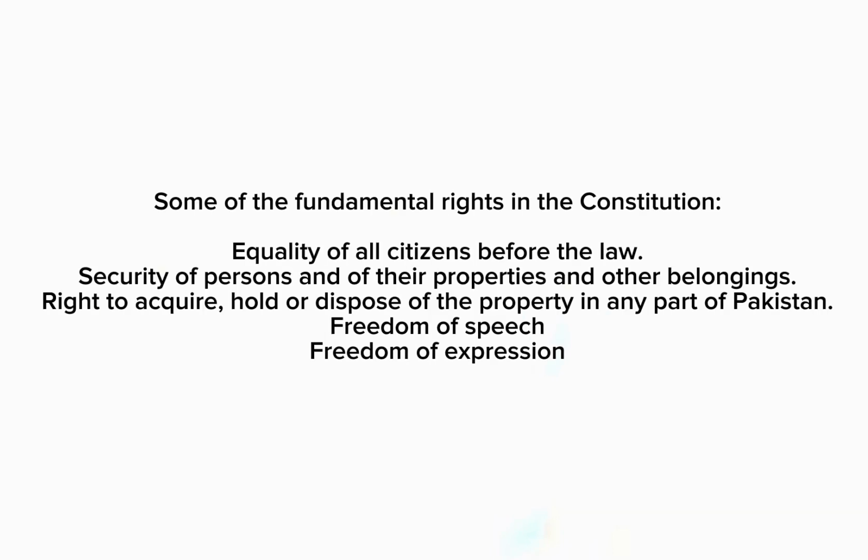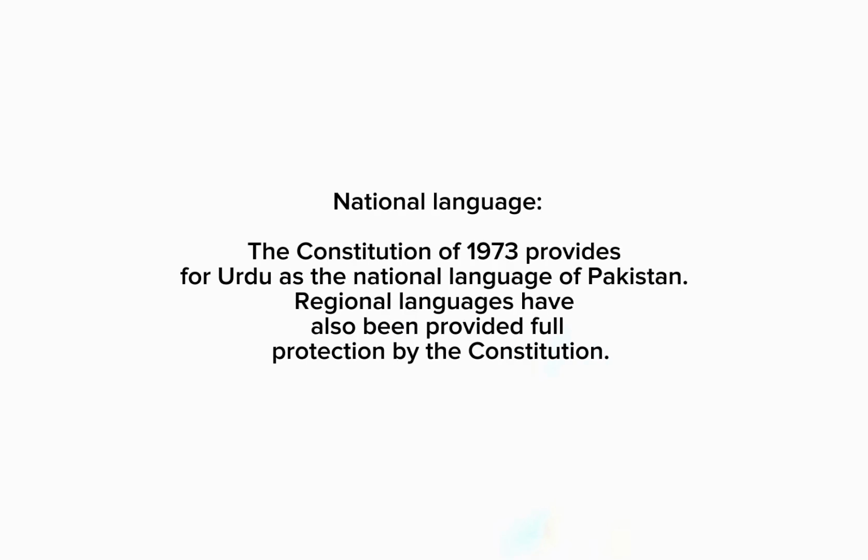Some of the fundamental rights in the Constitution: equality of all citizens before the law, security of persons and of their properties and other belongings, right to acquire, hold or dispose of property in any part of Pakistan, freedom of speech, freedom of expression. National language. The Constitution of 1973 provides for Urdu as the national language of Pakistan. Regional languages have also been provided full protection by the Constitution.